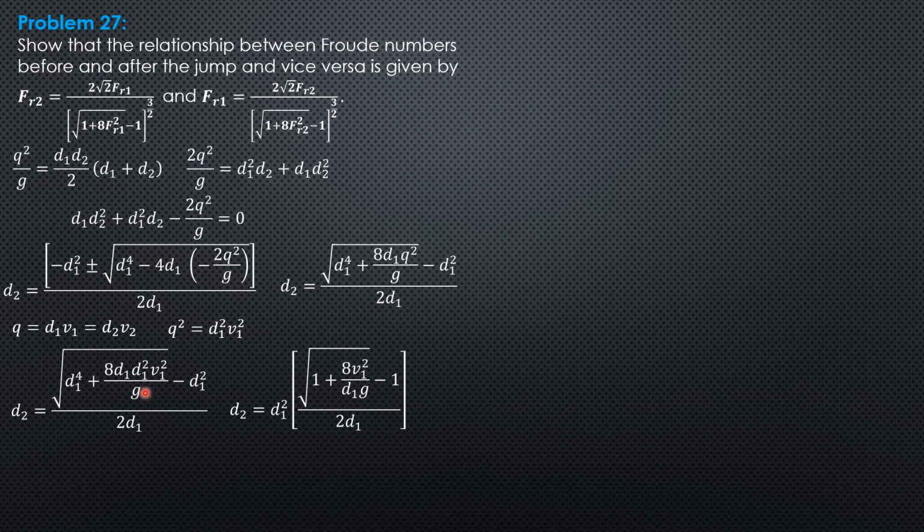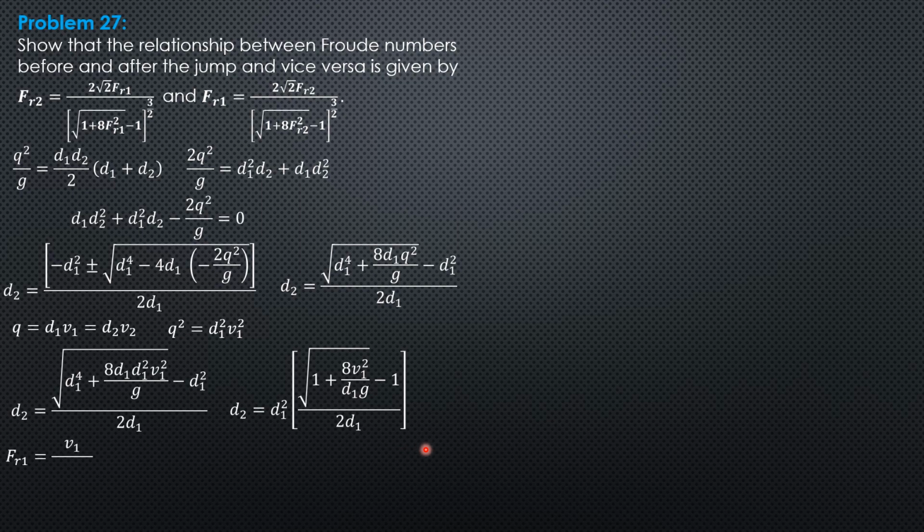So I mentioned that we have to make this d1 to the fourth, originally d1 cubed. So d1 to the fourth over d1, that's why we have d1 here. And minus 1 because we factored out d1² over 2 d1.